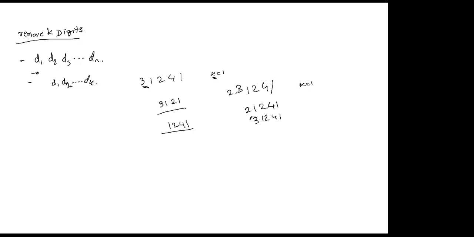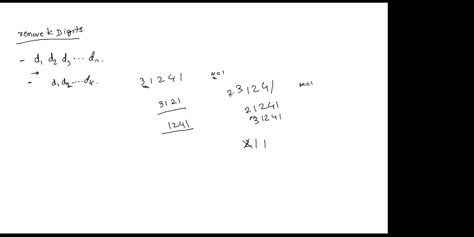If you encounter a digit which is greater than the next, you remove that digit because that will reduce the number. On the other hand, if all the digits were increasing, like 1, 1, 2, you would remove the last, the highest digit. So we are greedily picking, from the most significant place, which digits we should remove in order.